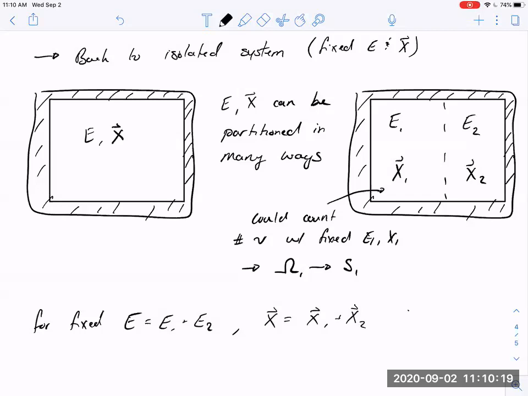A spontaneous change, how the system would repartition itself, must increase the entropy.